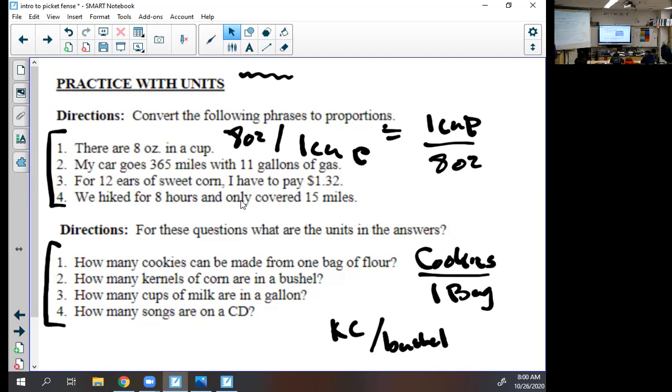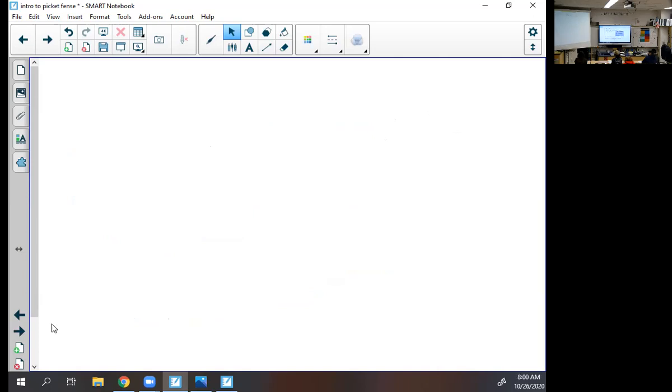All right, are we okay with this? Now, I know these are odd units, but they could help me solve other questions. Like this songs per CD, and you don't need to write this down, but if I know the ratio, I used to buy CDs and they were around 13 to 15 songs per CD.